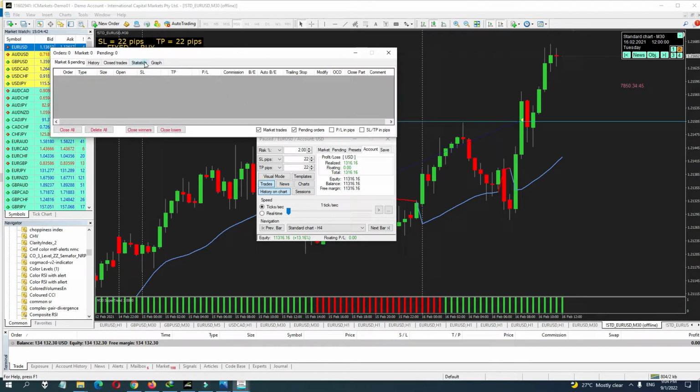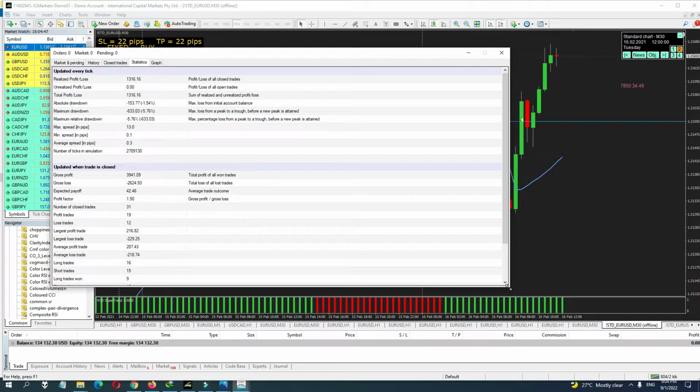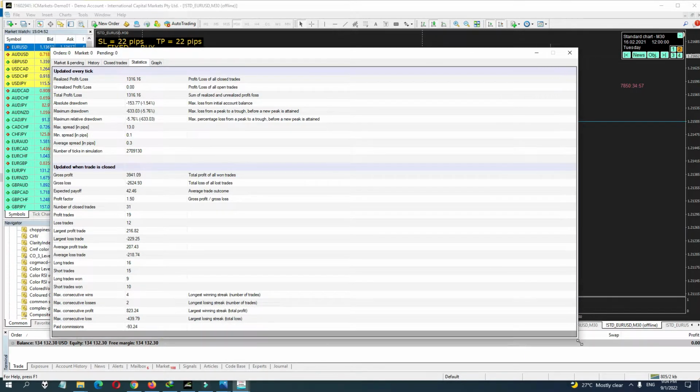Let's see how many trades we have so far. We had 19 winning trades and 12 losing trades. I'm going to test this 100 times to see if it's profitable.